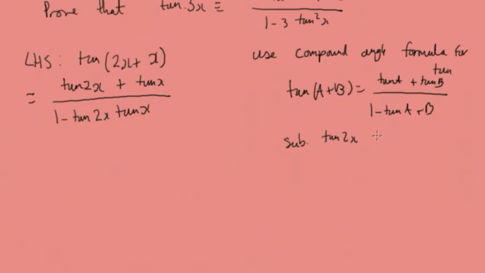Now we're going to substitute tan 2x for its double angle equivalent, which is 2 tan x over 1 minus tan squared x. This is going to get a bit messy.